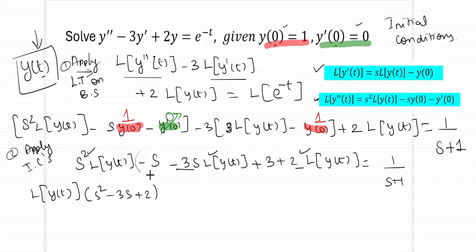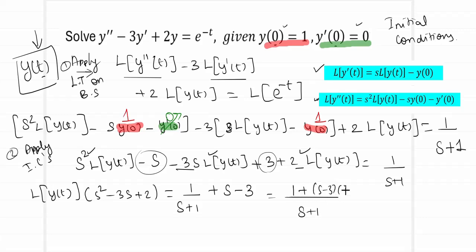What are the left out quantities? Minus s plus 3. Take it to the opposite side. So, I will have it as 1 by s plus 1, minus s comes this side as plus s and plus 3 goes to the opposite side as minus 3. Let me take the LCM as s plus 1. So I will have 1 plus s minus 3 into s plus 1.